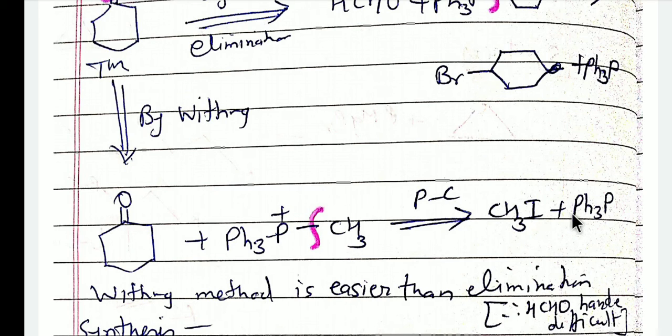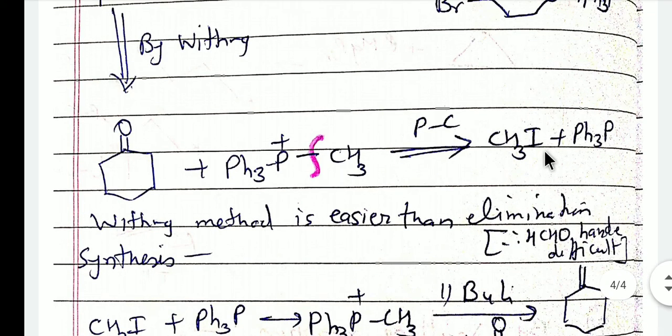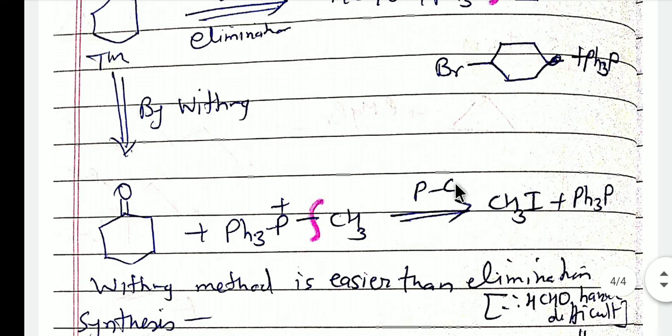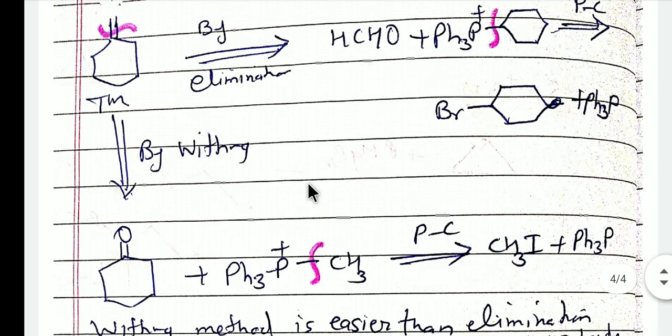So the molecule obtained is Ph3P and CH3+, which on reaction with halide ion gives CH3I. Then the starting materials for our target molecule, this olefin, by the Wittig reaction are CH3I and Ph3P, which form this type of halide, and which on reaction with cyclohexanone gives the olefin.